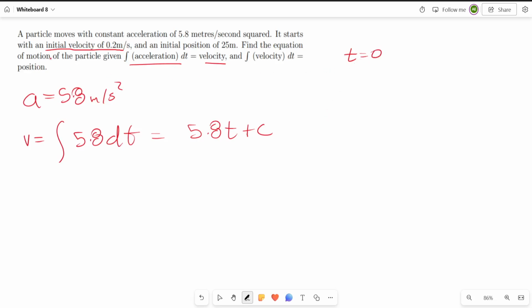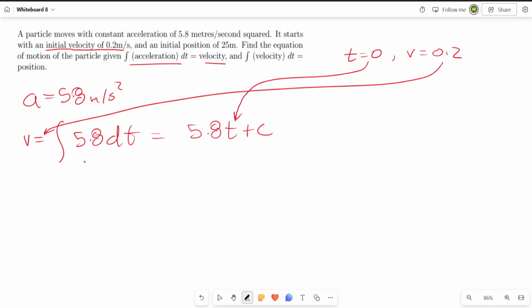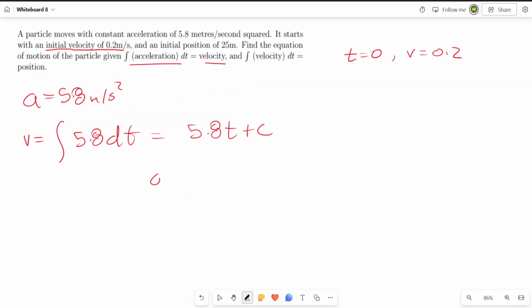So in other words, it's telling you that at time t equals 0, velocity is equal to 0.2. And I can use this to substitute 0 for t and 0.2 into velocity. So this is going to be 0.2 equals 5.8 times 0 plus c. So this whole thing is 0. So that gives me c as 0.2.